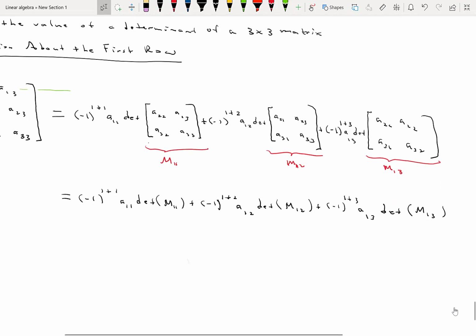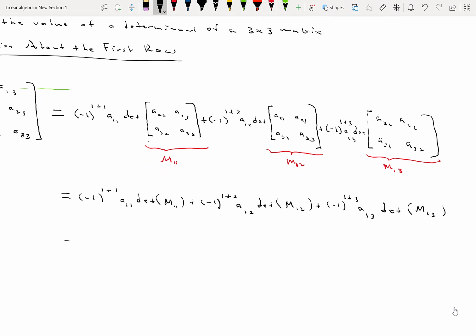Okay, so let's collapse this even further using sigma notation. Look at what's not changing in those -1 factors. First row, 1 plus the column, which changes as we move that little green line through. So -1 to the 1 plus j. So we're going to be summing over j. Then look at the subscripts on the A's: A11, A12, A13.